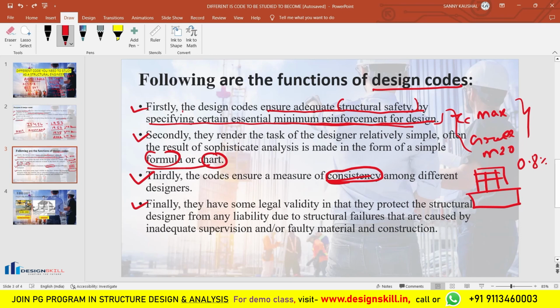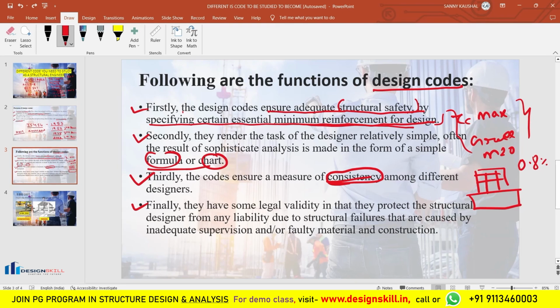If no proper supervision is done on the site and faulty material is used by the contractor, the structure can fail. Your design was okay, you properly followed all the guidelines given in your design code, and you gave the design, but the structure failed due to improper construction. They used improper, faulty material, and there was no proper supervision on the site.